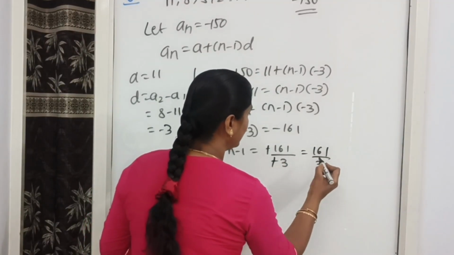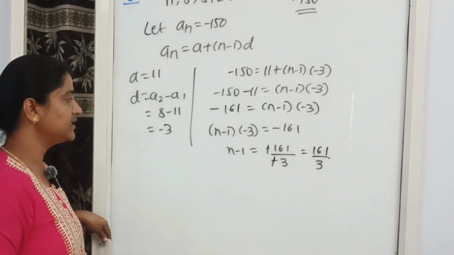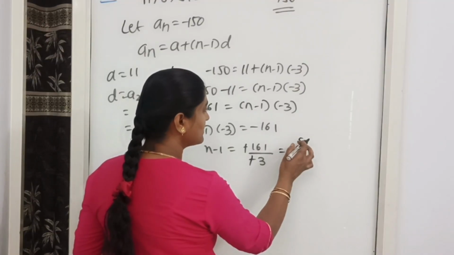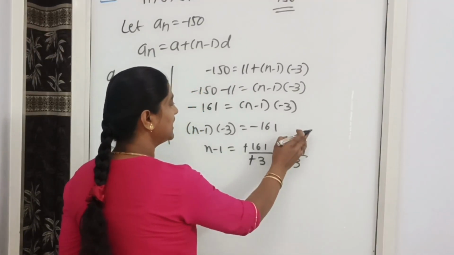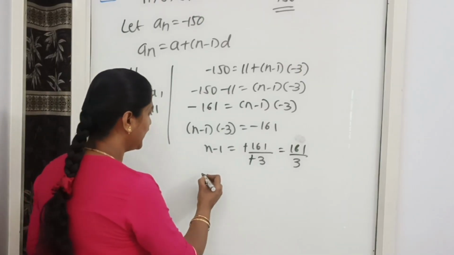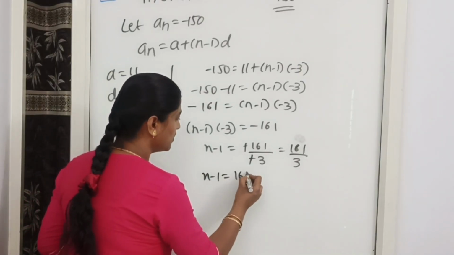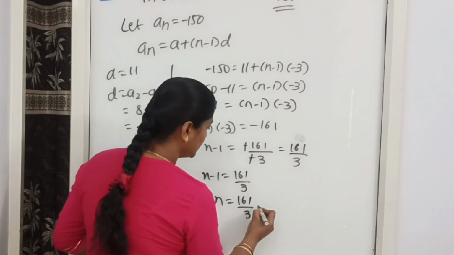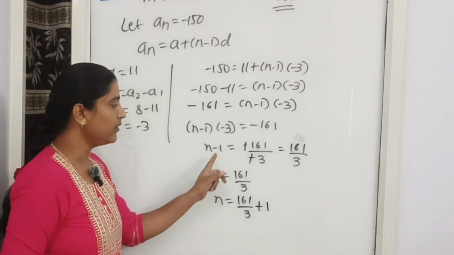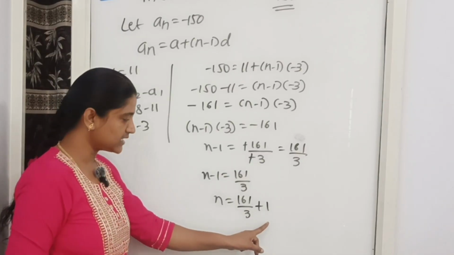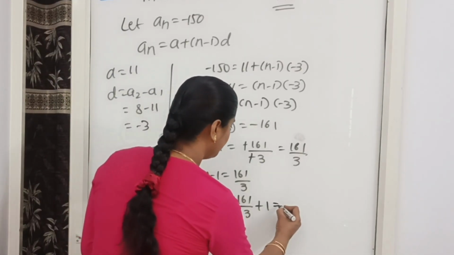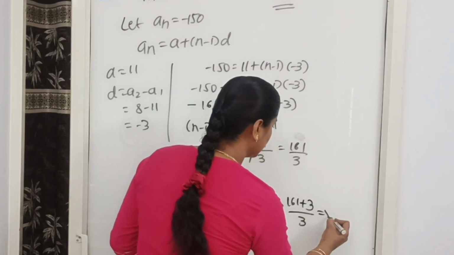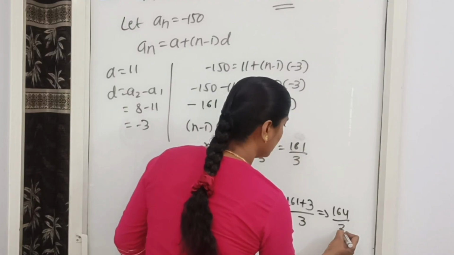So what else remains? 161 upon 3. Is it divisible by 3? Check it out. 3 ones are 3, 3 5s are 15. So what else? 11. 11 doesn't go by the 3 table. So we can't do anything, keep it like that only. N minus 1 is equal to 161 upon 3, and N is equal to 161 upon 3 plus 1, because negative after transposition comes plus 1. Take the LCM. 161 plus 3 divided by 3 is nothing but 164 upon 3.